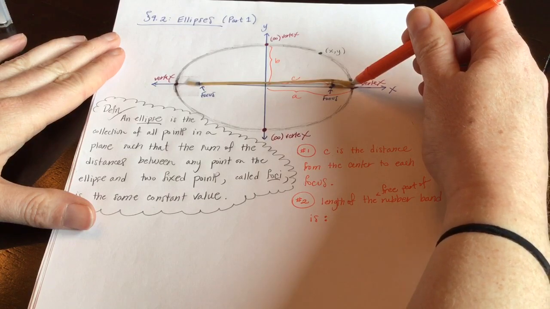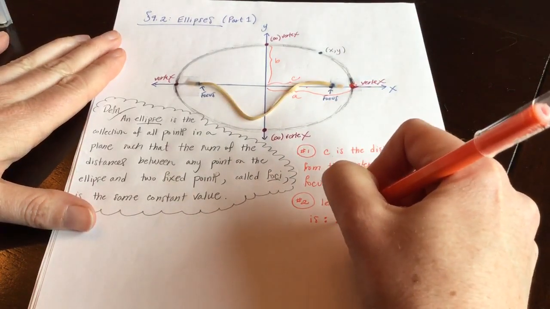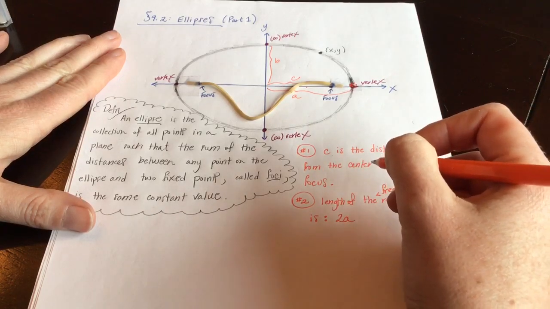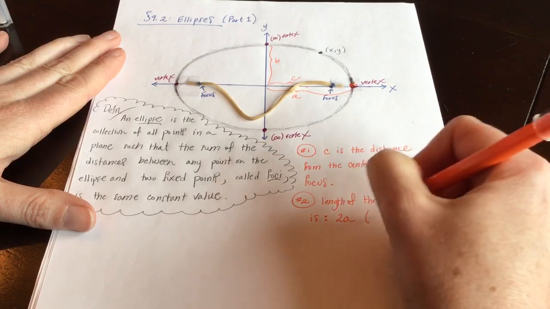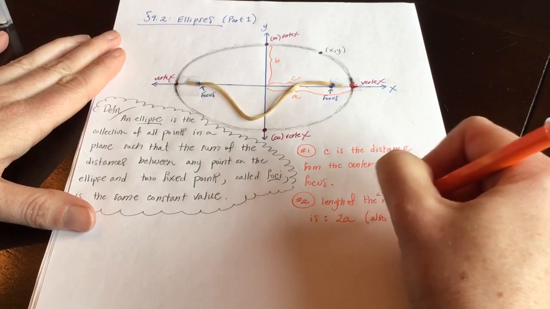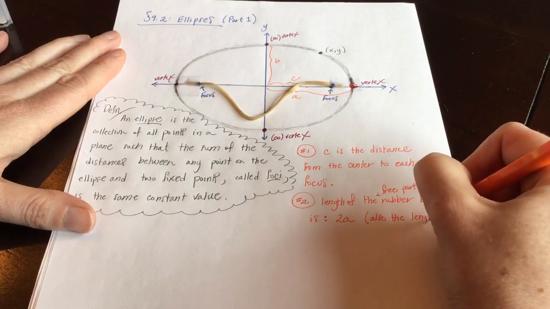So I'm hoping that you're comfortable at this point with us saying that the length of the rubber band is 2A. And another important note is that this 2A value is also the length of the major axis.